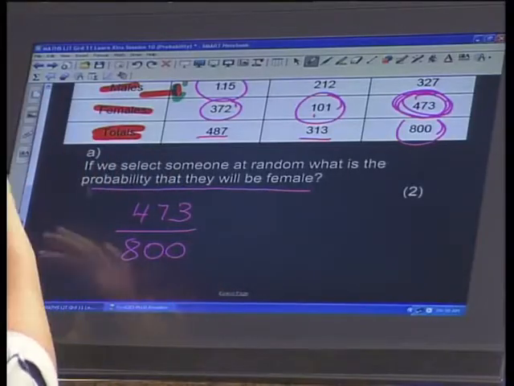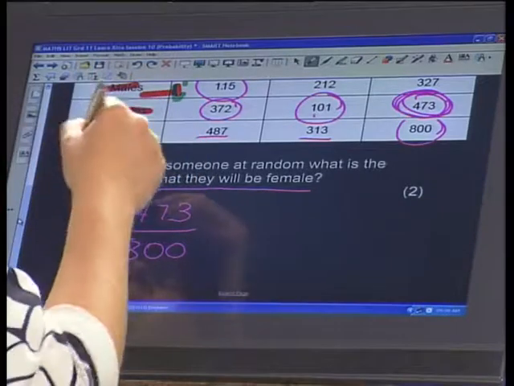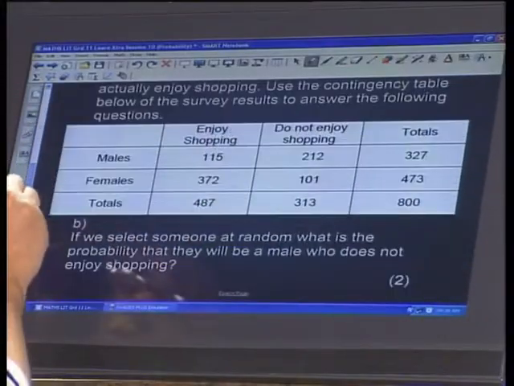So look out for those. Also look out for ones where you've got a 100% chance. For example, what is the probability that somebody I chose at random was surveyed? Well, that would be 800 people surveyed out of 800 people, and it would be a 100% chance of that occurring. Let's move on to our next part of this question.